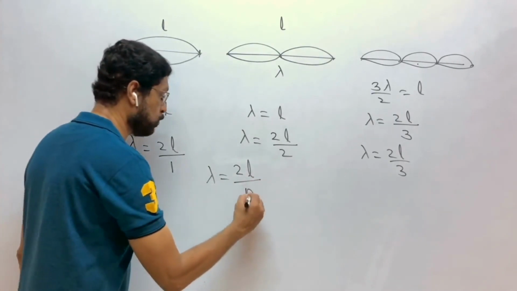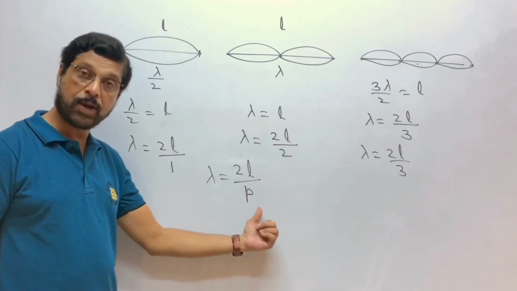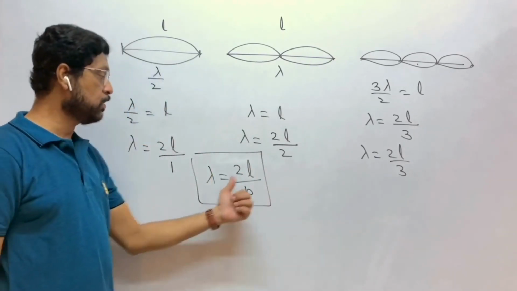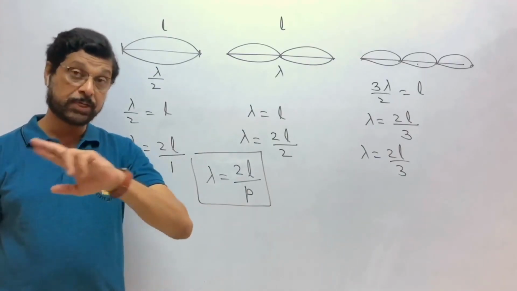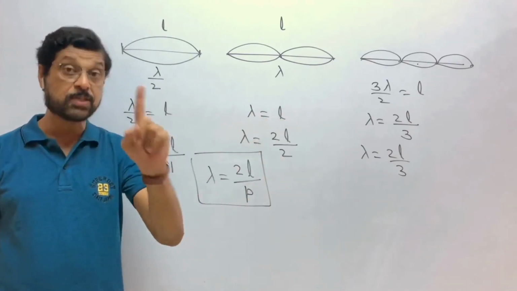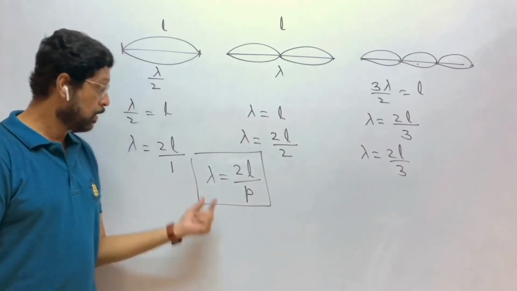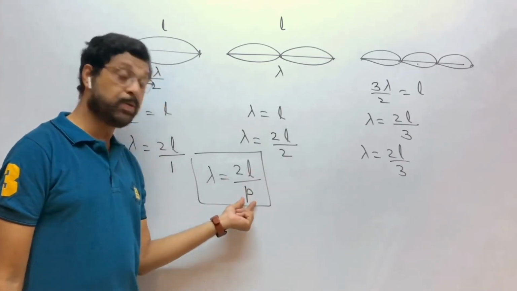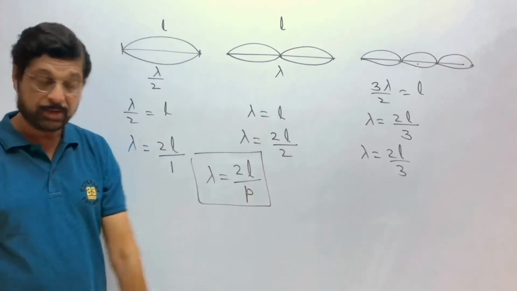Let's call it suppose P. P is number of loops or harmonic number. So in general, lambda is equal to 2L by P. In case of vibrations of a string, we are talking strictly about the string. In case of vibrations on a string, the wavelength in general is 2L by P, whereas P is the number of loops or harmonic number.